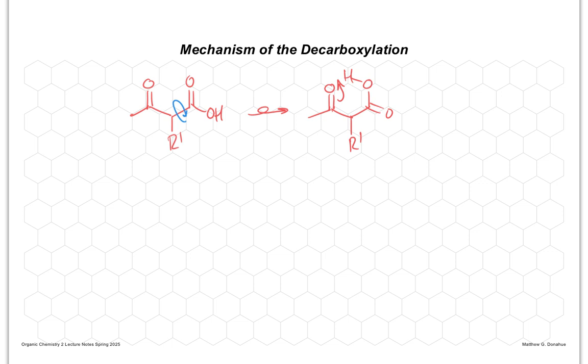So that pi bond comes up to abstract the hydrogen. The OH bond will cleave. That's going to form a second pi bond to that carbonyl, and then this bond cleaves that way.